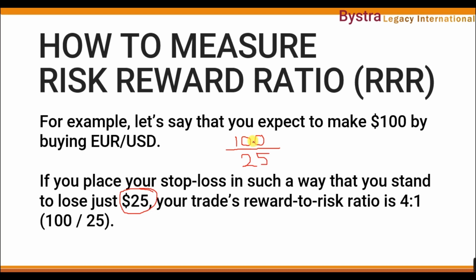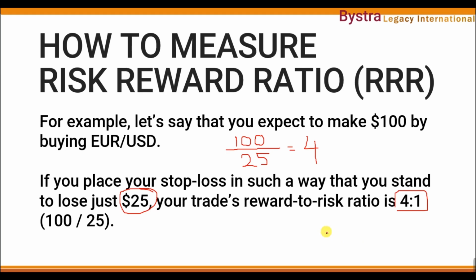So $100 is our potential gain, our potential reward, and our potential risk, meaning the stop loss, will be around $25. So 100 divided by 25 is equal to 4. So your risk reward ratio would be 4 to 1. You risk 1 and your reward will be 4 times what you are risking. So this is a very good trade.